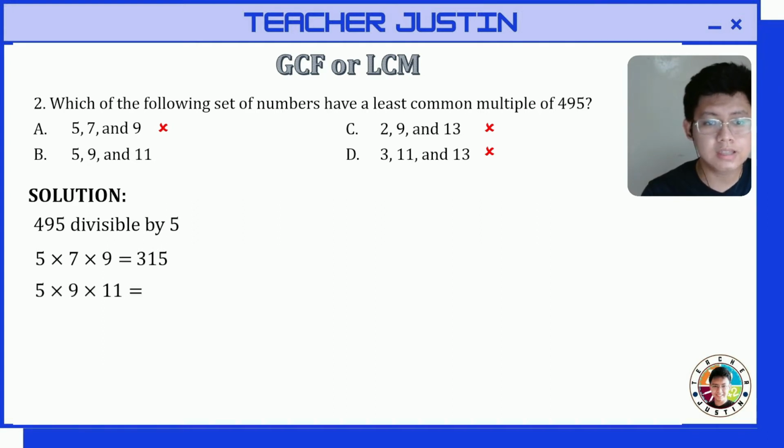Try naman natin si 5 times 9 times 11. So, let's multiply 5 times 9 times 11. That will give us a product of 495, which is equal dun sa number na may least common multiple of 495. Okay. So, yung answer sa item na to will be letter B, which is 5 times 9 times 11. And that's it! Ta-da! Alright.